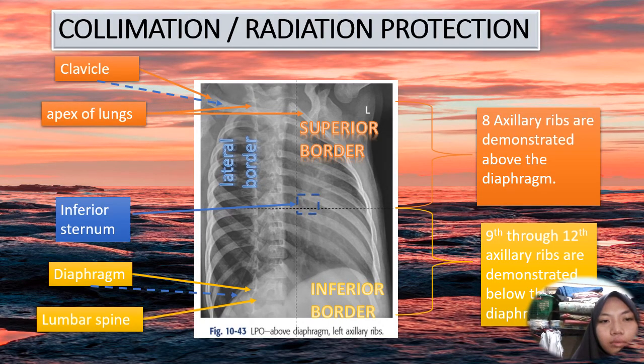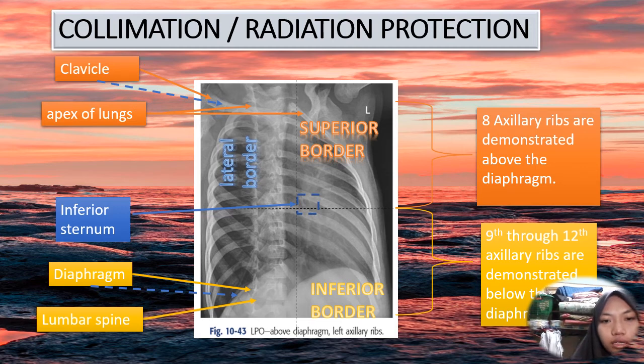Okay, for projection LPO, C for collimation. From the superior border, we can see the clavicle. Second, we can see the apex of the lung. And last, we can see the axillary ribs demonstrated above the diaphragm.